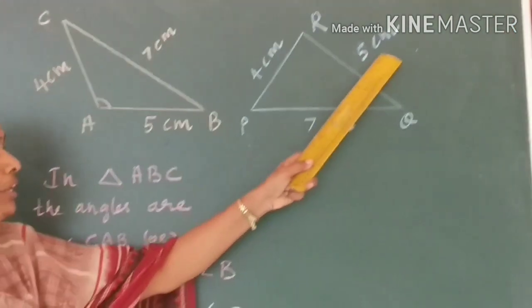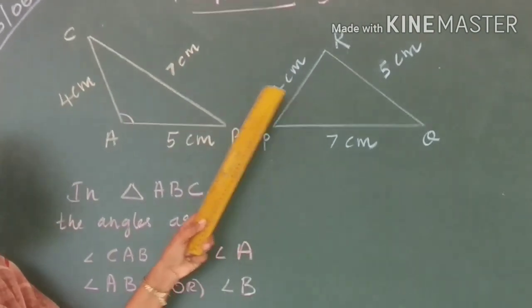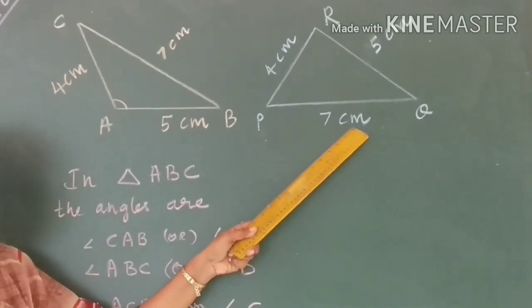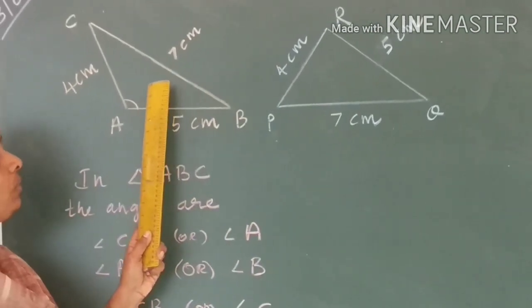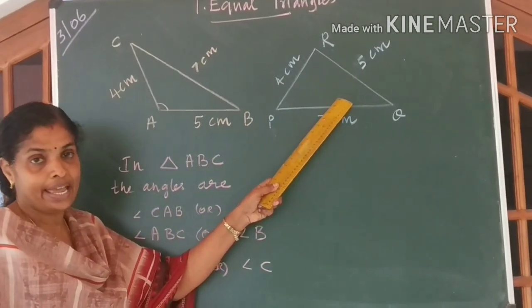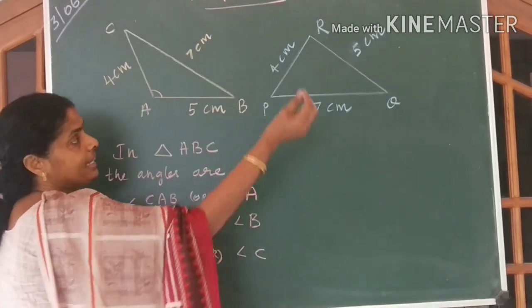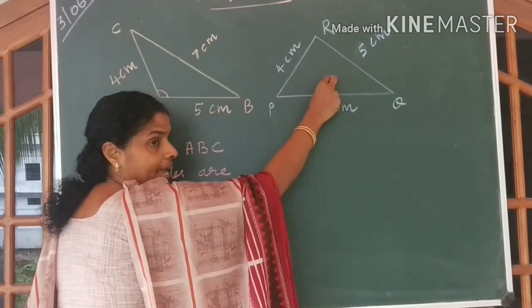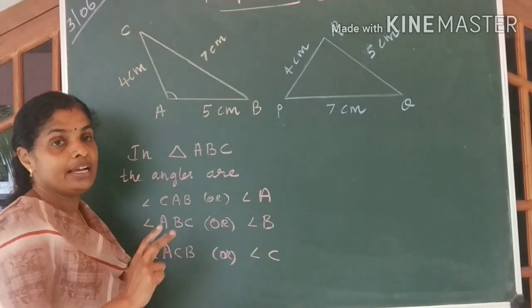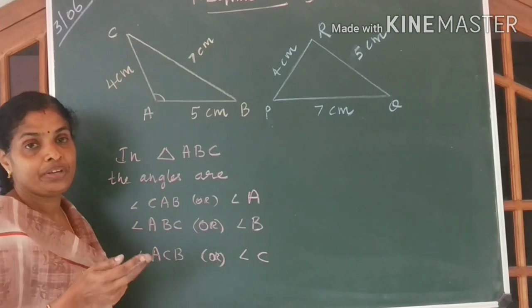Here you have 5, here you have 4, this side is 7, for this triangle base is 7. Now, if you keep this triangle over this triangle, imagine I am taking away this triangle and keeping it over this triangle, they will completely overlap. Such triangles are called equal triangles.